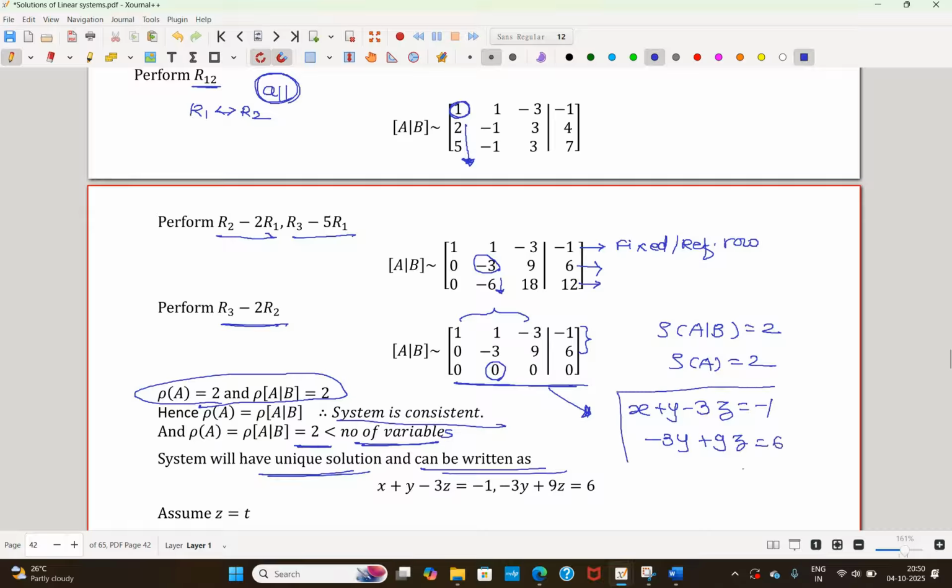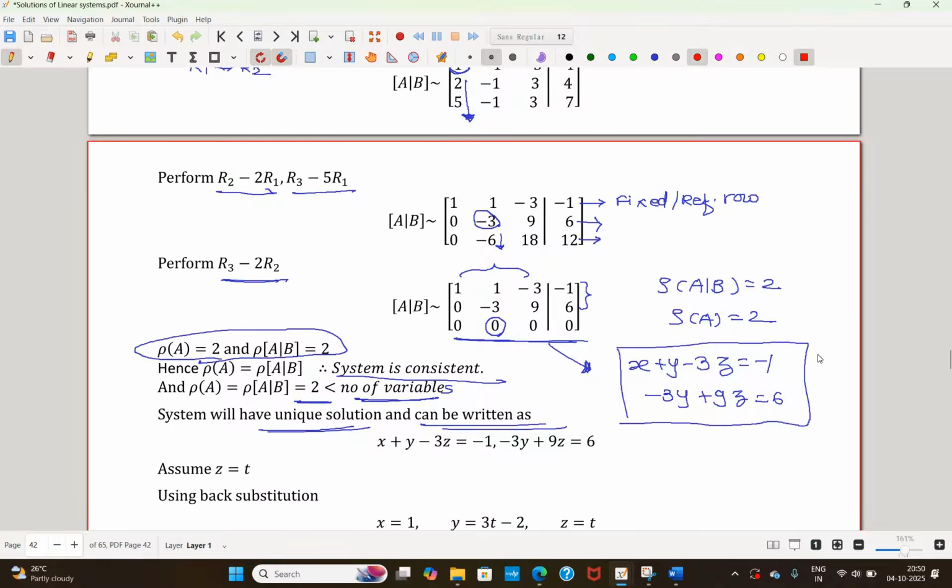Now once again focus on this discussion. In last session we discussed about this. Number of equations are 2 and number of variables are 3. So how many number of independent variables are there? 3 minus 2, that is 1.